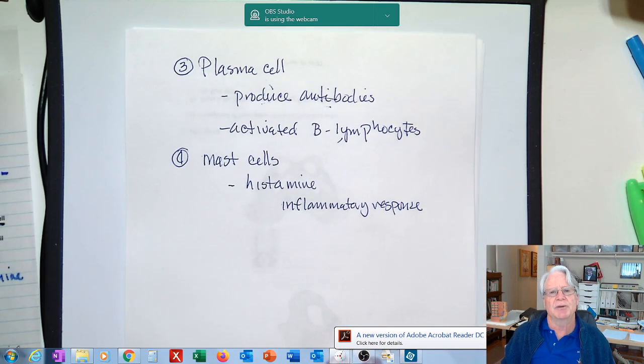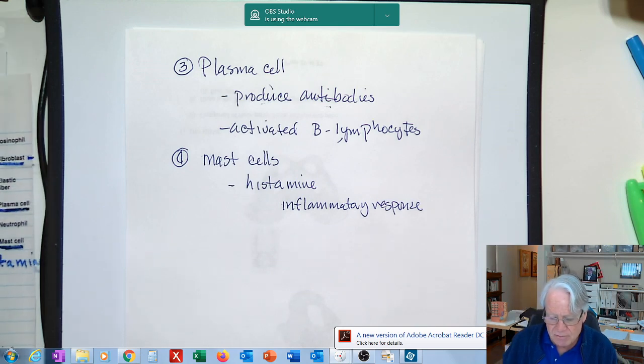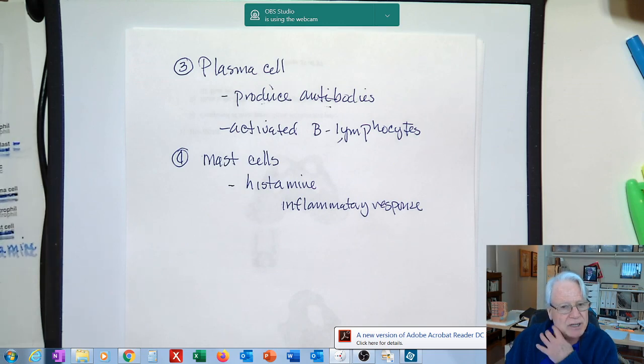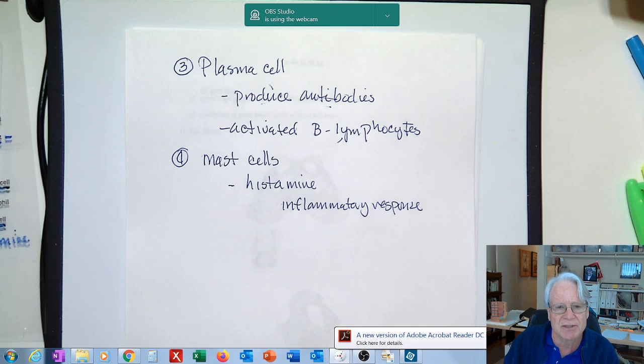So mast cells are producing a chemical which enhances what we call the inflammatory response. This is a natural part of healing. So inflammation has gotten a bad name recently, but it is a natural part of your body's defense mechanisms to repair itself after some injury or infection has taken place, and mast cells are part of that story.